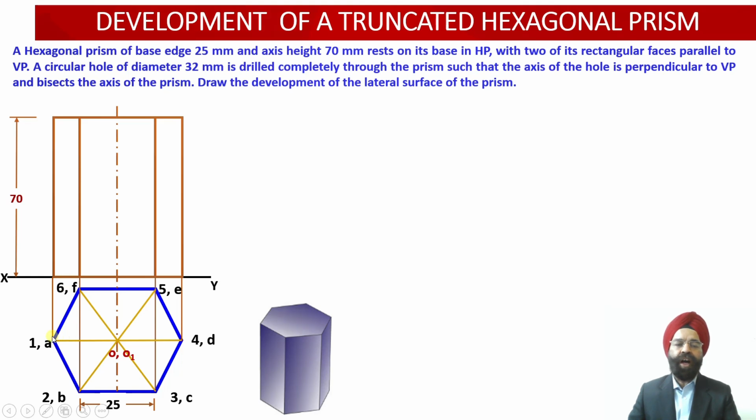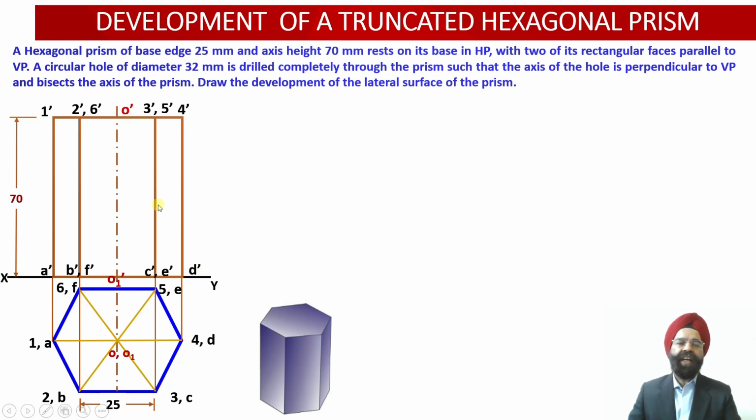Now we draw the projectors from the 6 points of the base and the 6 points corresponding to the top face of this hexagonal prism into the elevation projection view. So now we will be able to obtain the elevation projections corresponding to the top face, and also the elevation projections corresponding to the base points of this hexagonal prism.